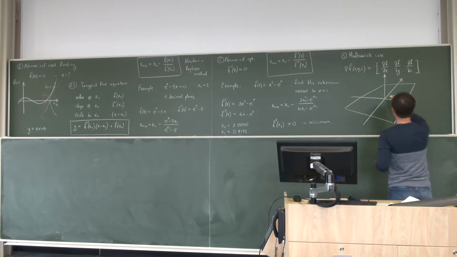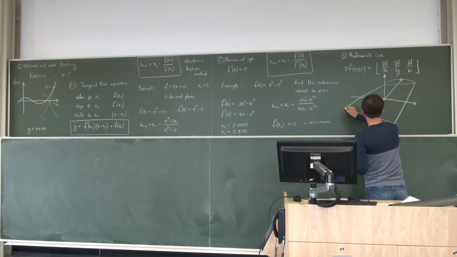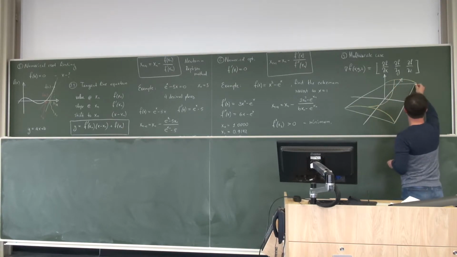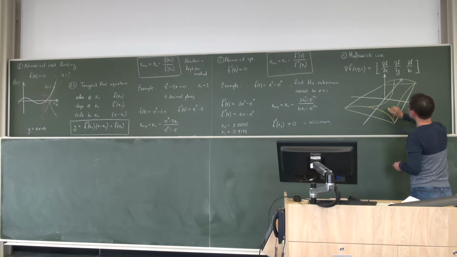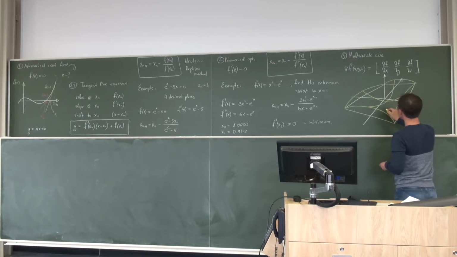So I will draw some function that has a minimum or a maximum. And here's something perhaps like that. And then we will drop that into a minimum. Here perhaps 2. And so that would be our minimum.